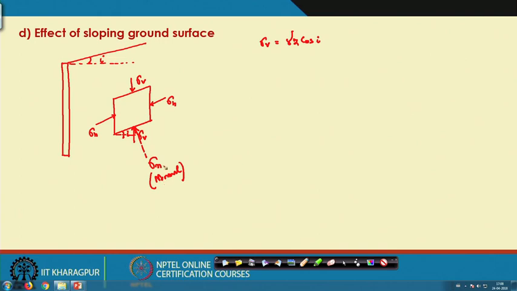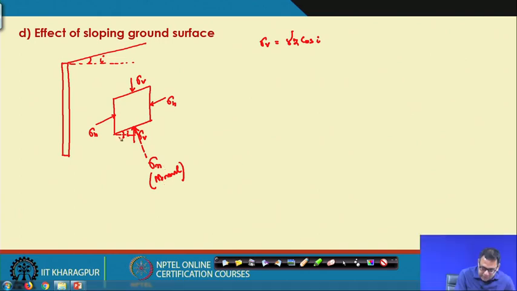So, that is the normal, and here I can write tau also, because in the initial cases the planes were principal planes, since there were no shear stresses. Principal plane means where the shear stress is 0, but now this plane is not a principal plane; here shear stress exists. So, there will be both a normal stress and a shear stress.